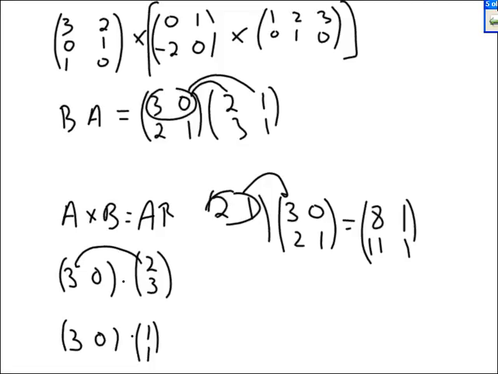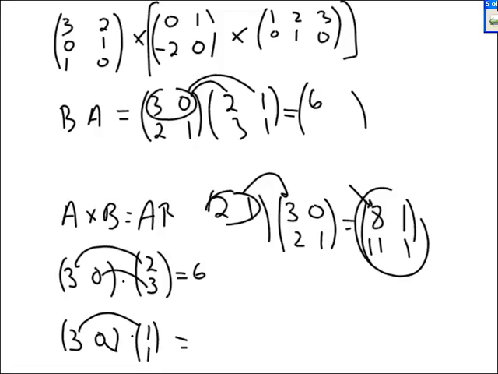I get 6 plus 0 is 6. First row, first column, 6. And I can stop right here. That's not a 6. They're not equal. But let's go on. First row with second column. 3 plus 0 is 3. First row, second column, put a 3.